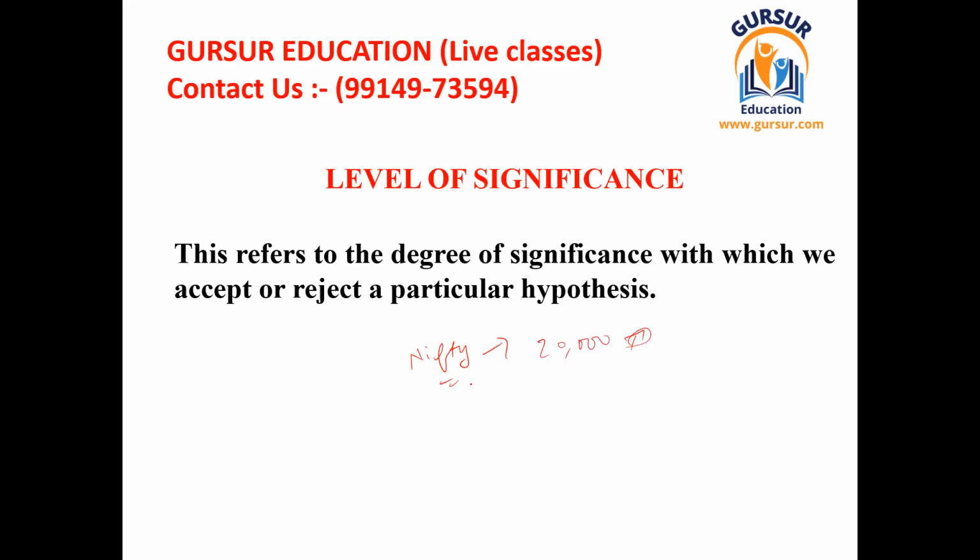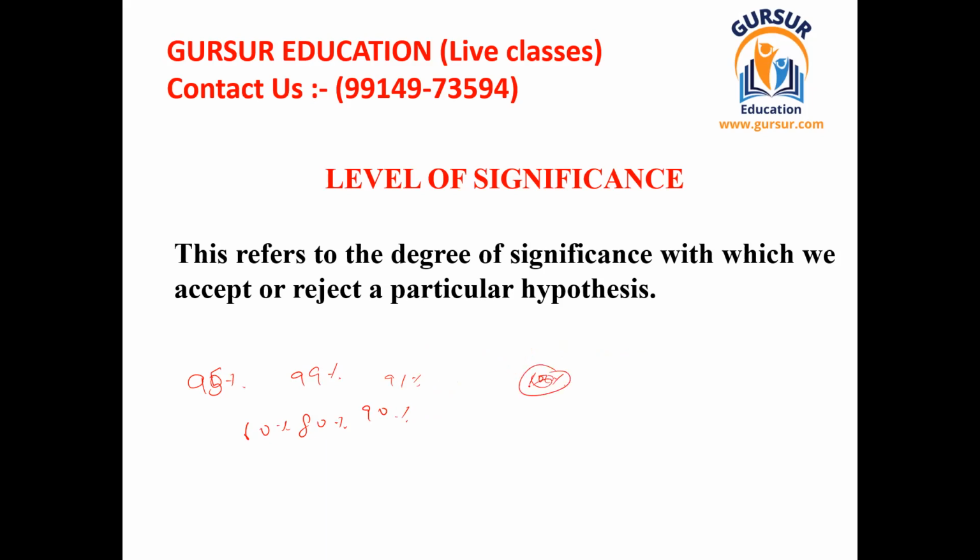If you are aware of the markets, the market is at an all-time high right now. You can never say 100% that it can reach 20,000 points in the coming year. You always have a level of significance, and that can be 95%, 99%, 60%, 80%, 90%, 91%, or anything, but it cannot be 100%.